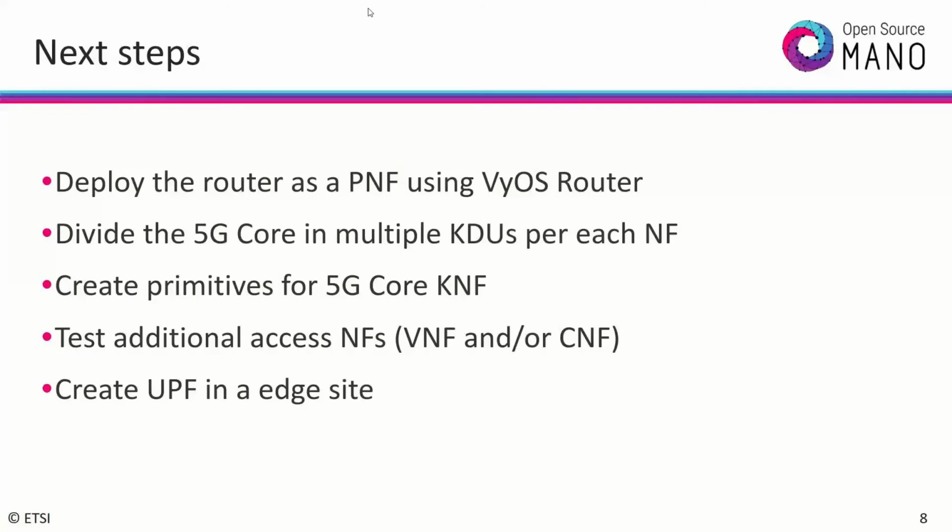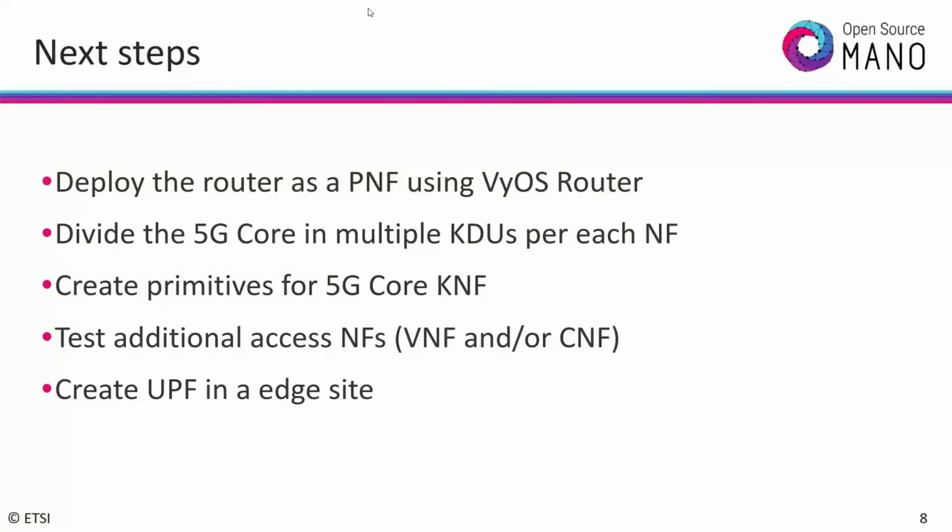Then we need to test additional access network functions, could be VNFs or CNFs. In this case, it was one VNF called gNB SIM, but our intention is to test with more access network functions. And finally, we're going to create a UPF in an edge site.